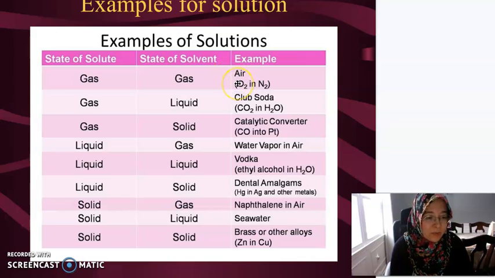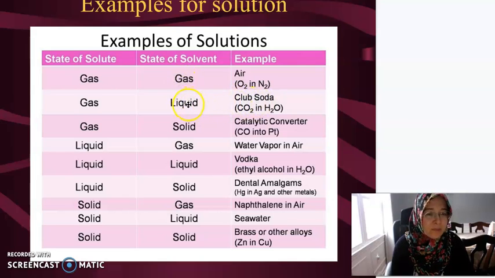Air is an example of a homogeneous mixture because you can see oxygen and nitrogen and carbon dioxide in the air. They are all homogeneously mixed. It is a solution. So nitrogen is 70%, so it is our solvent, and oxygen is dissolved in it. So solute is a gas state, solvent is a gas state.